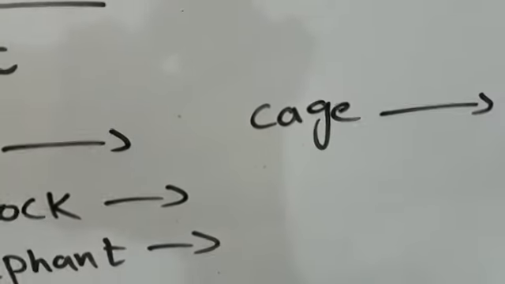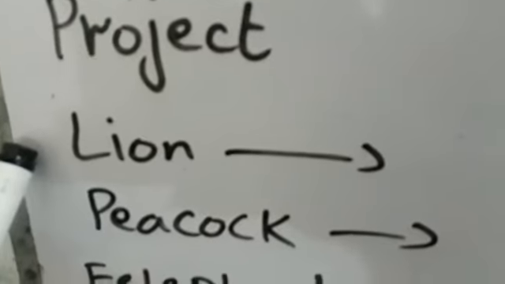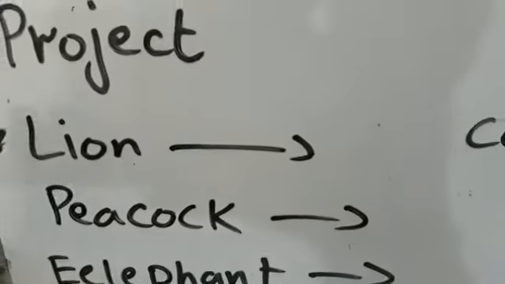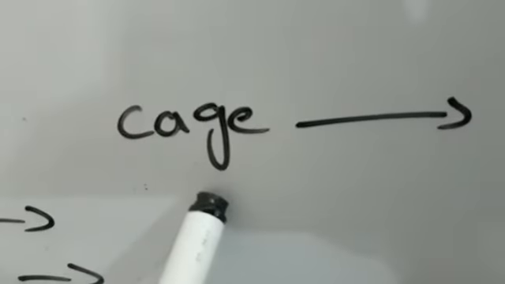And what does the lion eat? Meat. Clear? In this way you can prepare your report about the animals. First of all, paste the picture over here and write down the name of the animal, the place where it lives, and what it eats.